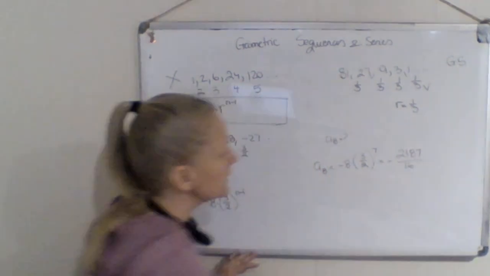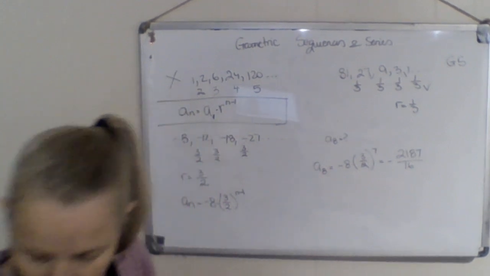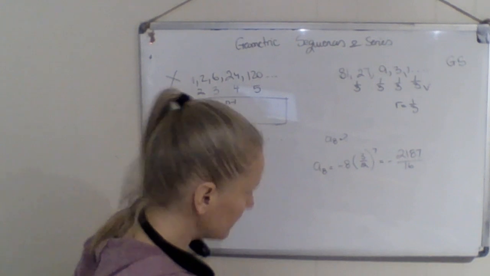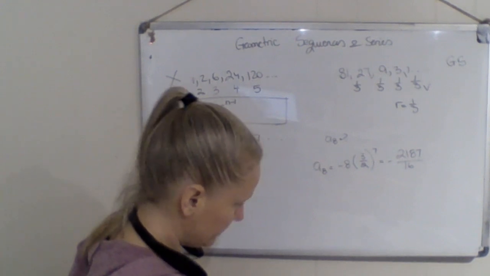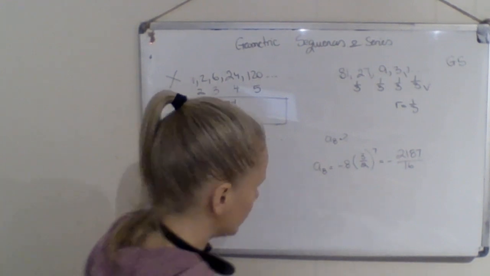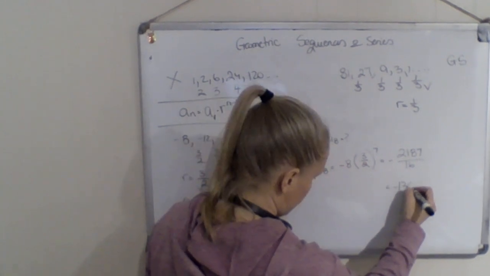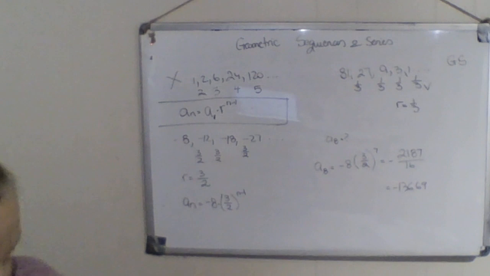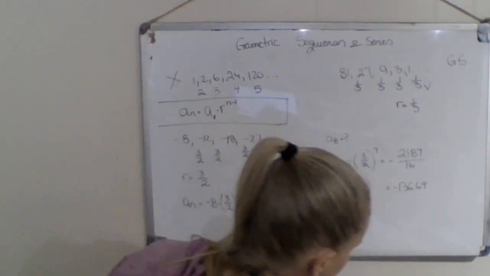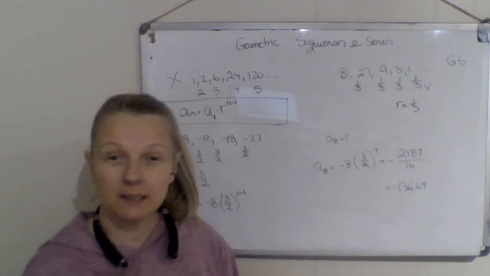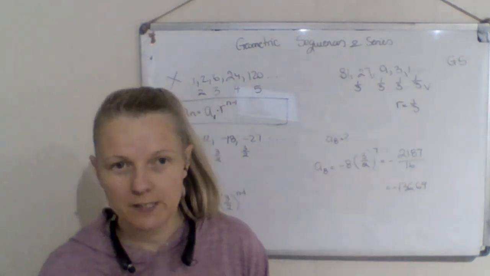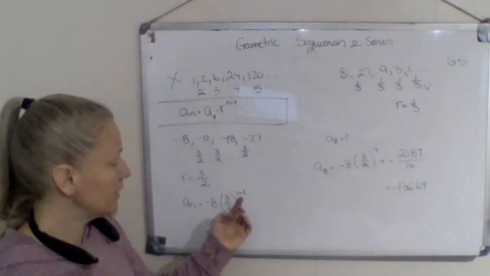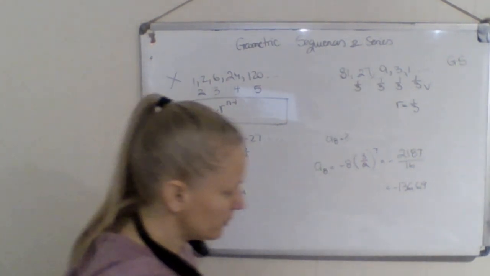I would do this the decimal way too. I would just work in a calculator and give me the decimal. It's about -136.69. Okay, I'm good with that. I don't need the fraction here. But that's kind of how you find it. Geometric sequences and series are going to give you decimals. It's not going to be perfectly worked out because of having to raise different fractions to powers. So it's not going to look beautiful.